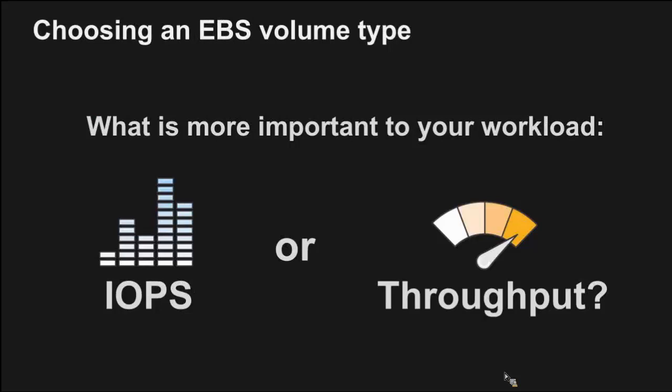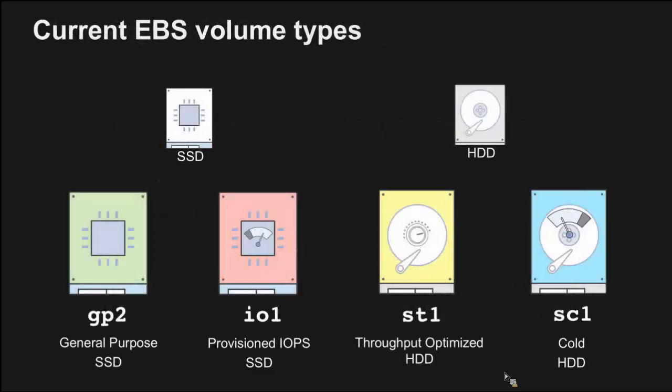So in 2016, we decided to be disruptive. We launched the latest HDD volumes, the Throughput Optimized or ST1 volumes, and the Cold Storage SC1 volumes. Then, of course, we brought elasticity to Elastic Block Store with the release of Elastic Volumes earlier this year.